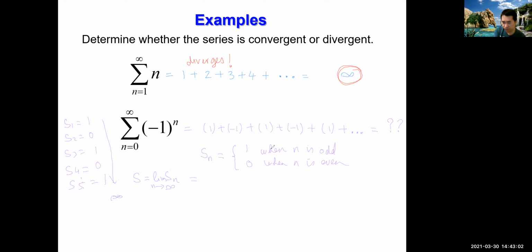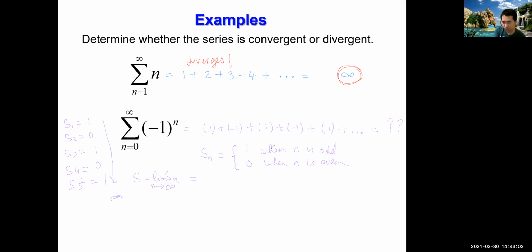Now, let me give some hint. So we have 4/3, and then 9/8, 16 over 15, 25 over 24, and so on. If you look at this carefully, each of these terms is actually bigger than 1, isn't it? This term is more than 1. That's more than 1. That's more than 1.